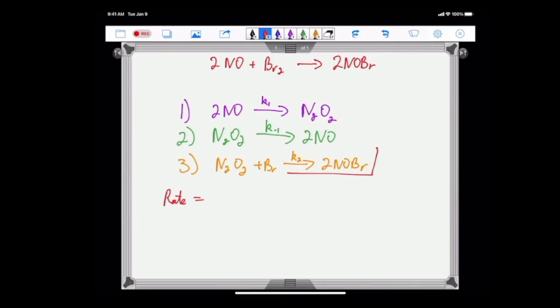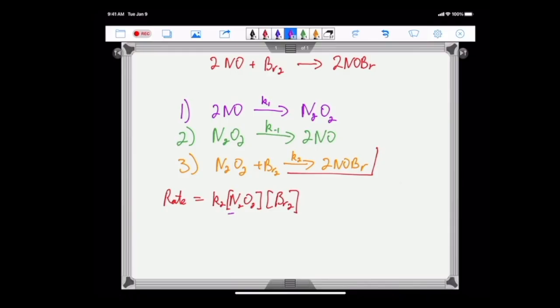So we do that, that's going to be equal to K2 times the concentration of N2O2 and the concentration of bromine gas, Br2. Now, what's important is, remember, this last step is an elementary step, so by inspection, we're saying it's a bimolecular elementary step, and this would be the rate equation associated with that.